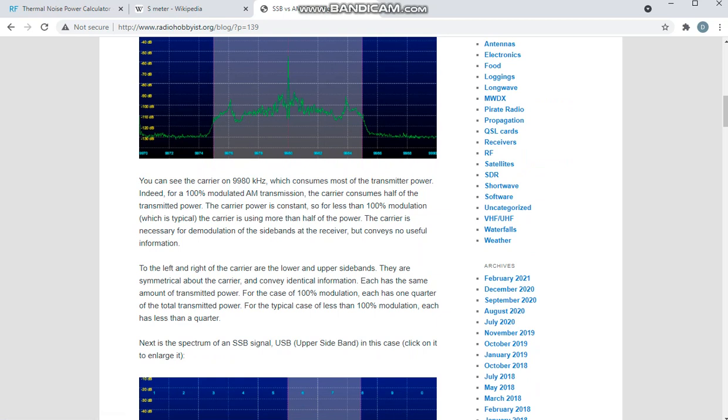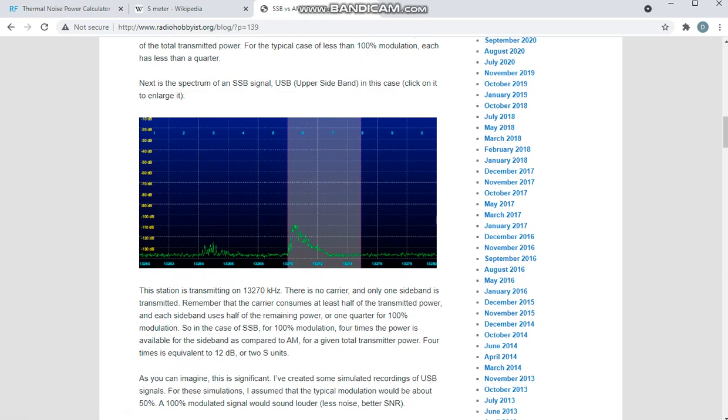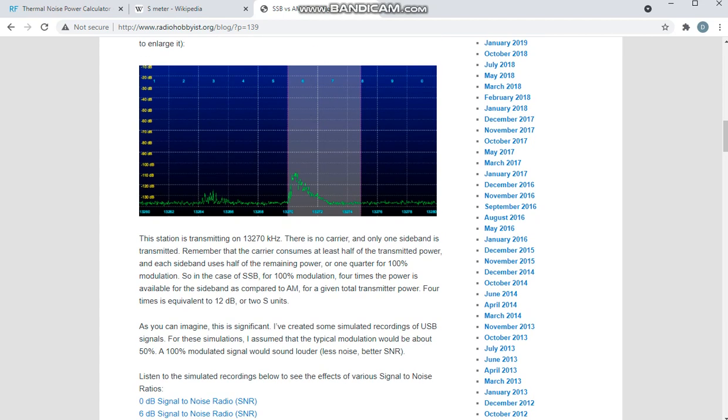Basically, a net effect of like a fourfold improvement by going to a single sideband, single carrier. It's a 4x here, 4 times the equivalent to 12 dB. The problem is they got one thing wrong.